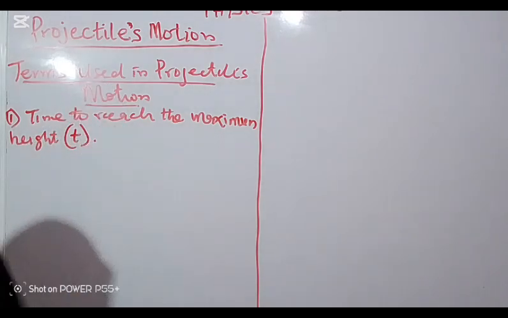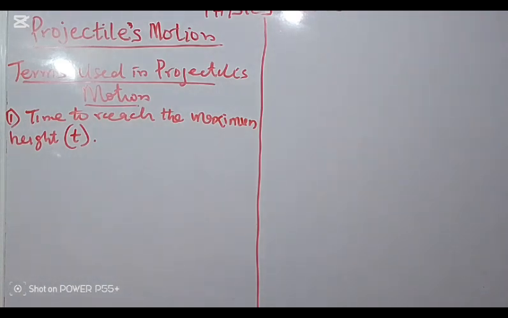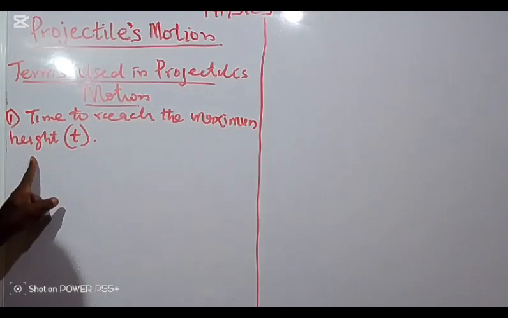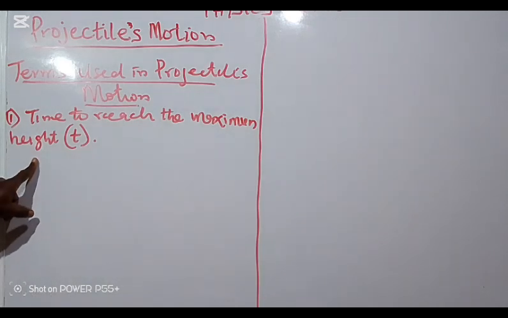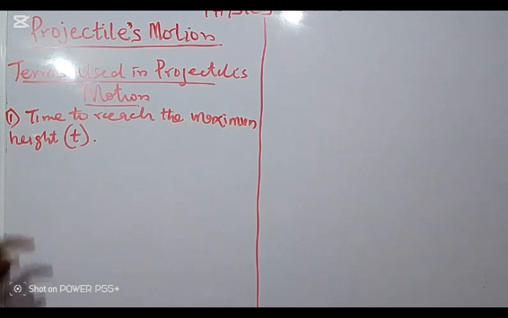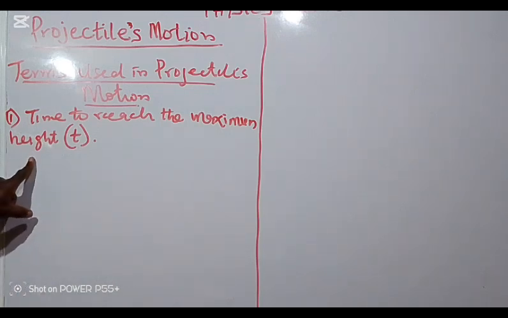And we say time to reach the maximum height is the time taken by a projectile from point of projection to the maximum height. I take it again. Time to reach the maximum height is the time taken by a projectile from point of projection to maximum height.